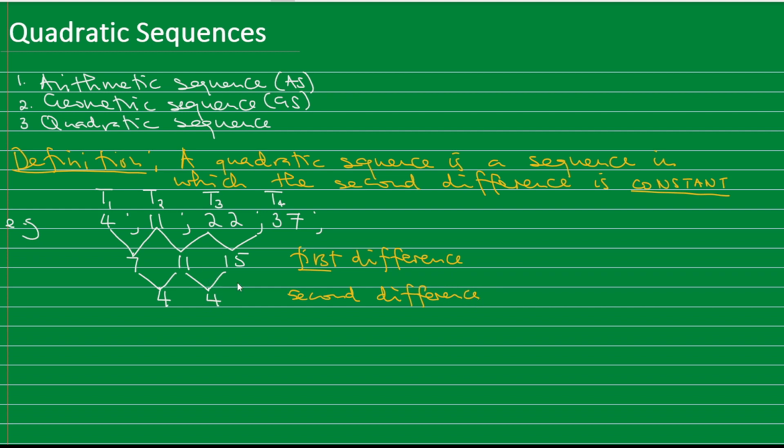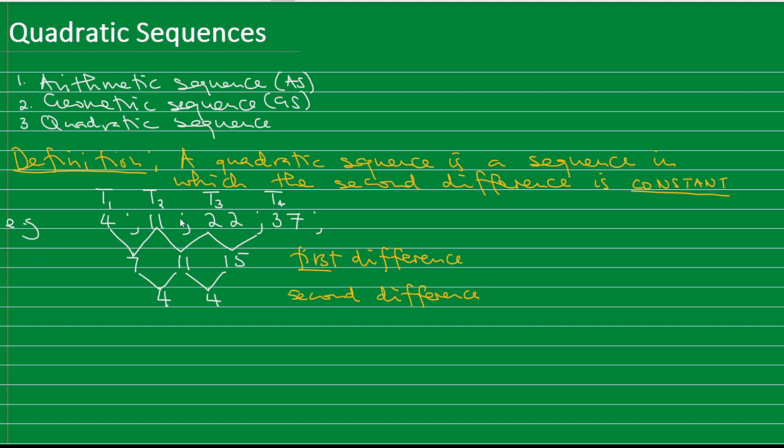What we notice here is that our first differences are changing: it was 7, 11, 15. But our second difference remains the same. It's not changing, it's 4, 4. When we continue, you find that all the numbers under the second difference row are constant.